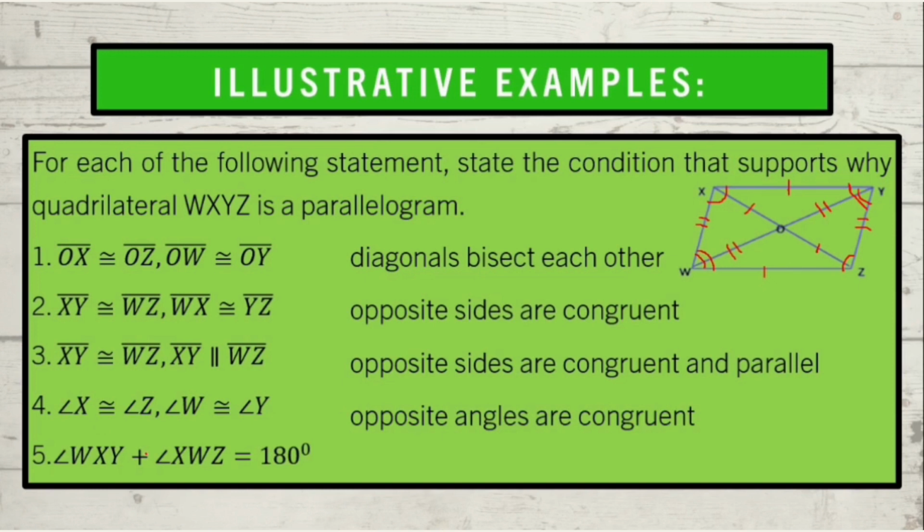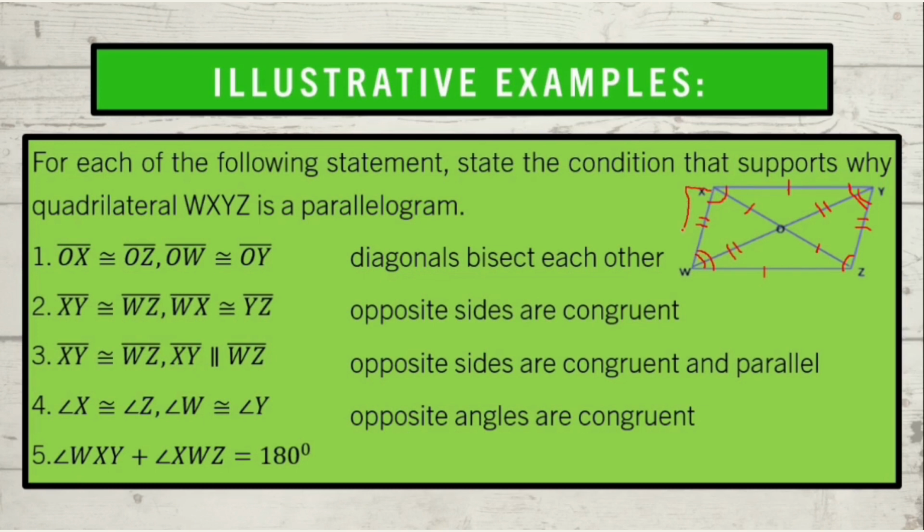We have angle WXY plus angle XWZ is equal to 180 degrees. Angle WXY is this part, which is this angle X. And we also have angle XWZ, which is this part.